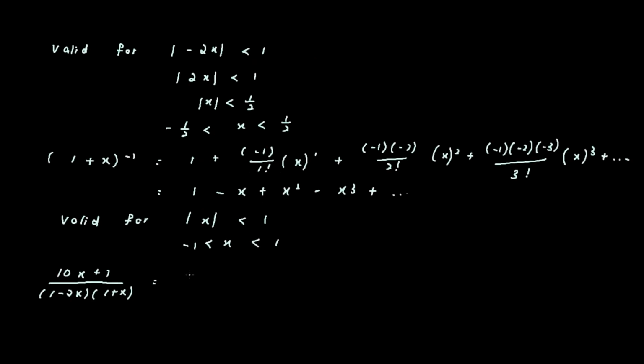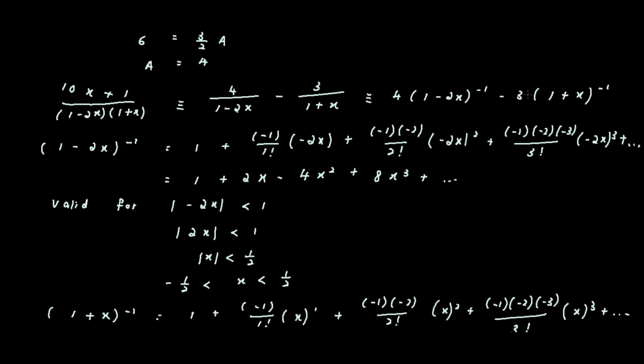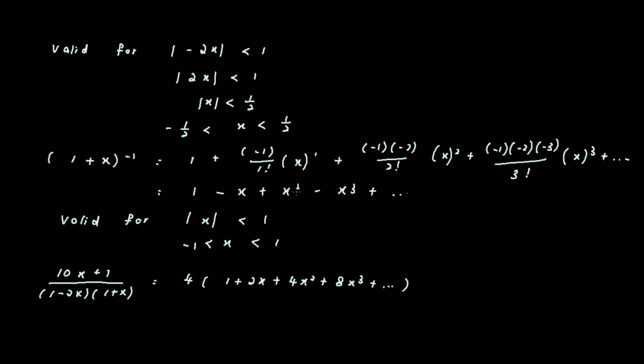So equals 4 times (1 plus 2x plus 4x squared plus 8x cubed plus so on). And then the other one is -3 for this one. So -3 times (1 minus x plus x squared minus x cubed plus so on).